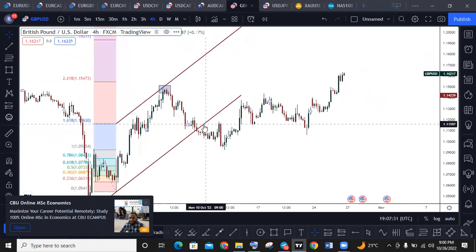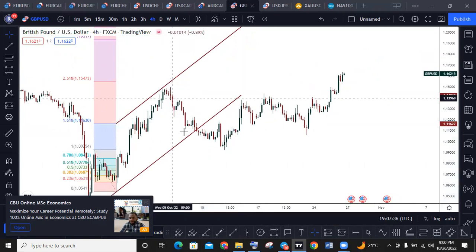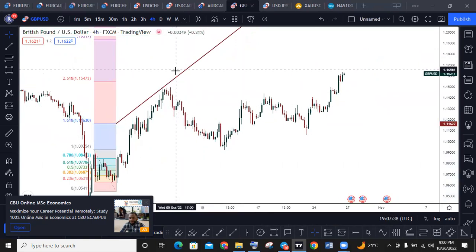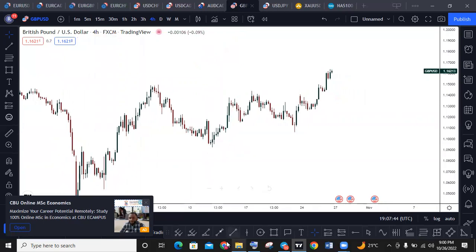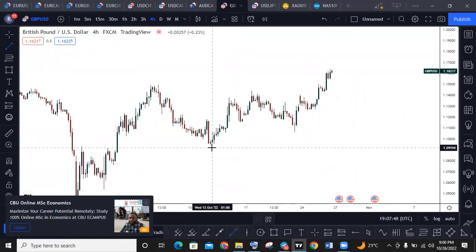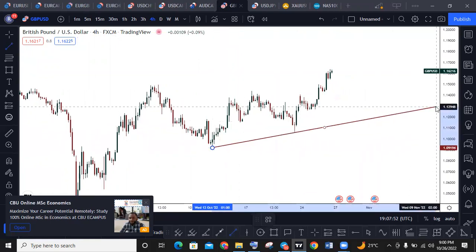So let's do another one, like the way we have done with the rest of these others. Another example. This one is where the current market is. So I'm going to join these two lows, which I'm able to see on the past price data.